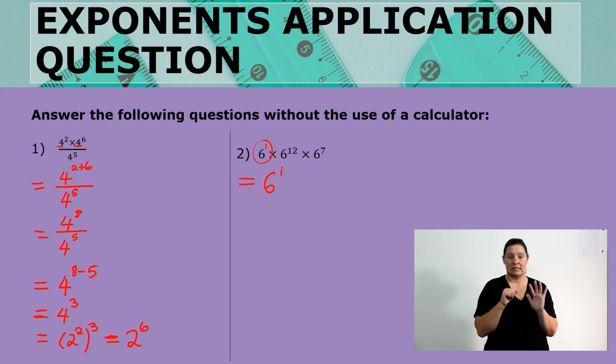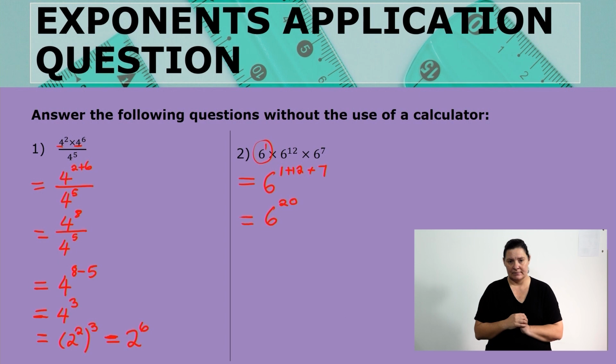So we have 6 raised to the exponent 1 plus 12 plus 7. Do you know what 1 plus 12 plus 7 is? Yes, it is 6 to the exponent of 20.